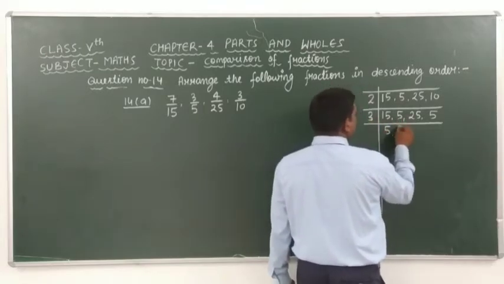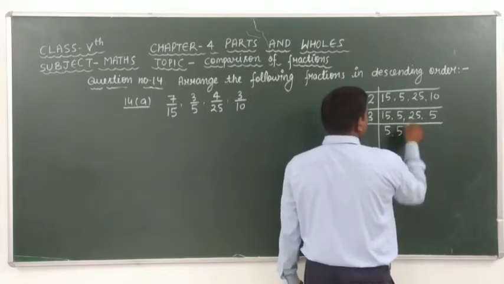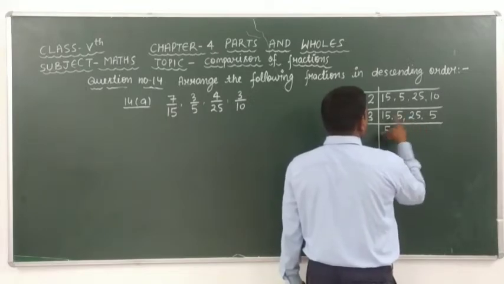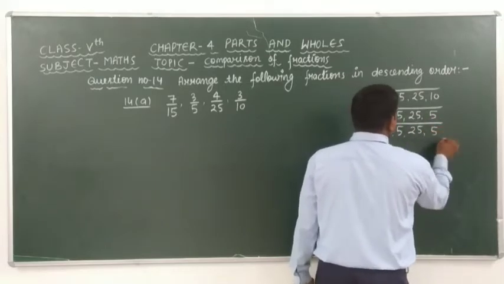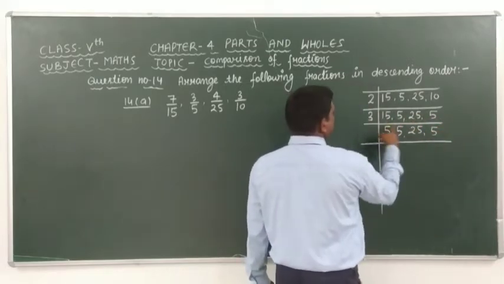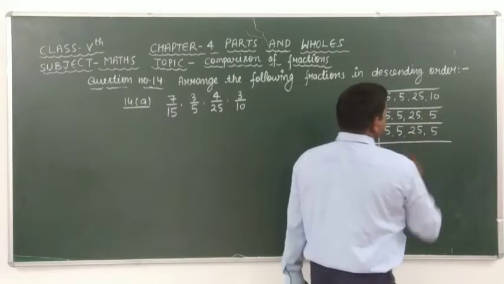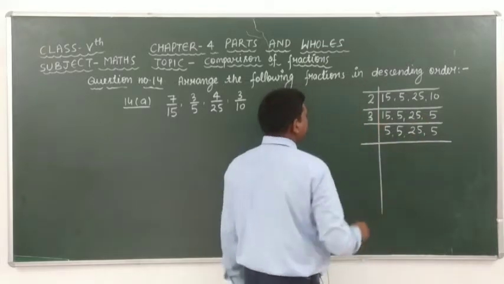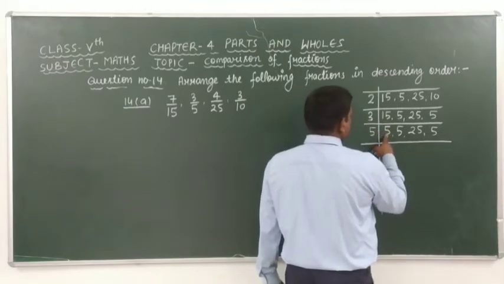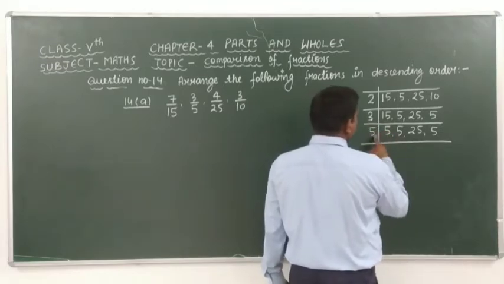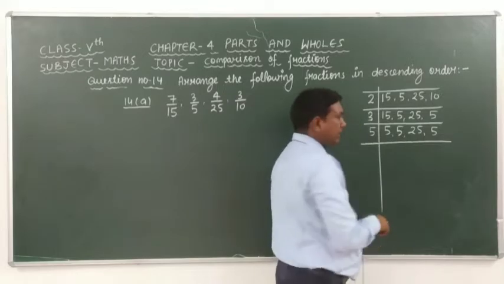5 is not divisible by 3, therefore here we take 5 as same. 25 is not divisible by 3. Again here we have to take 5, because 5 is divisible by 5, and 25 is also divisible by 5.